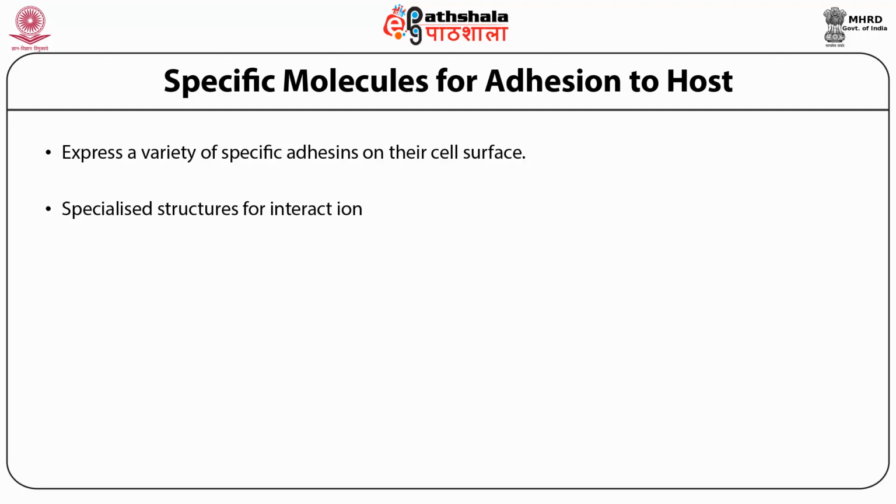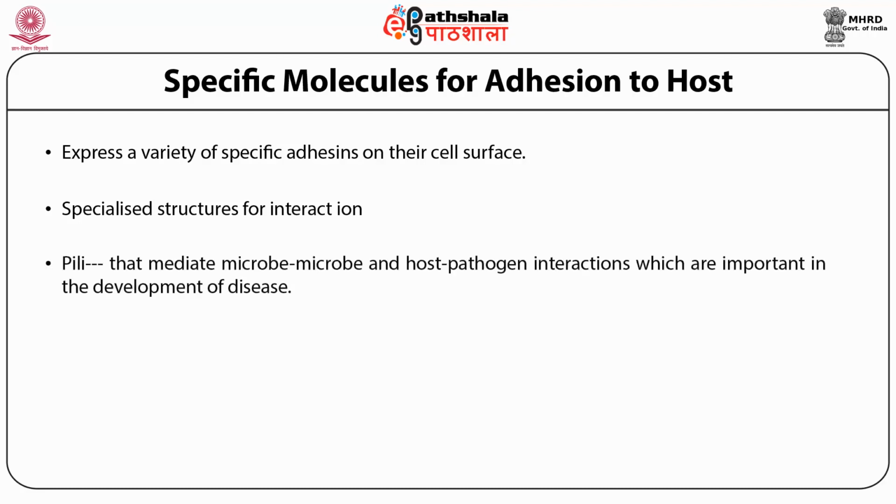gram-negative bacteria. They have a diverse array of pili that mediate microbe and host pathogen interactions, which are important in the development of disease. These bacteria express adhesins at the tip of the long fibril structure, pili, that extends from the bacterial cell surface.